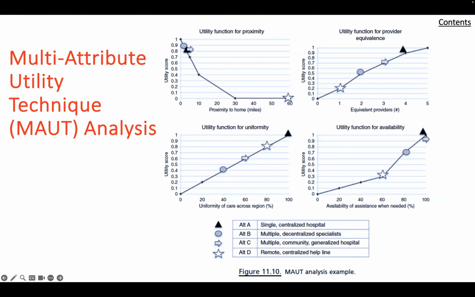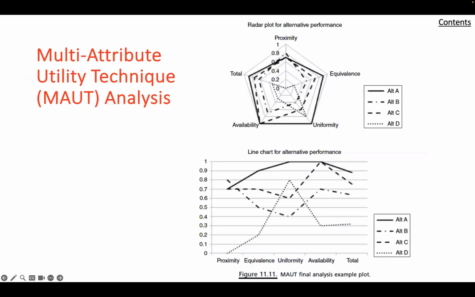These are all things for which we could start to get some of the details laid out, with utility functions for each one of them. You can read through the textbook for more details about that. So we have proximity of service to home, equivalence, uniformity of care, and availability that we're pulling out from that level of looking at it.